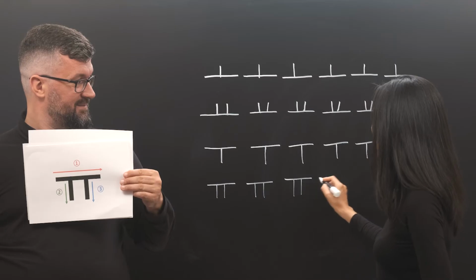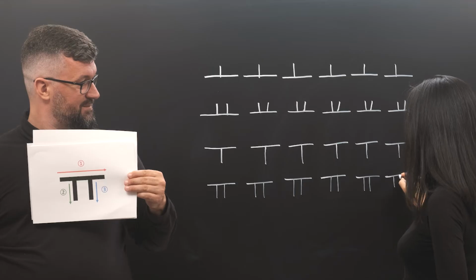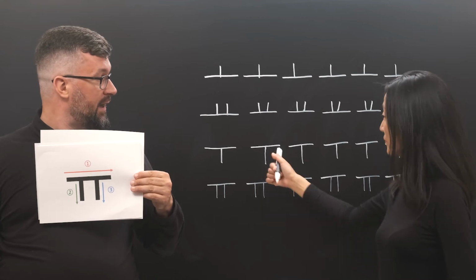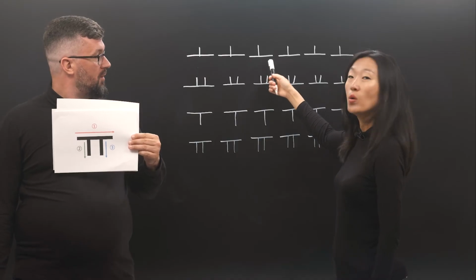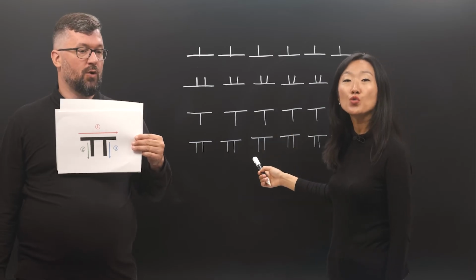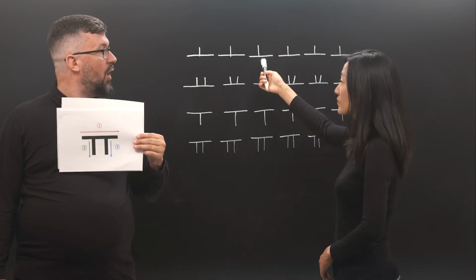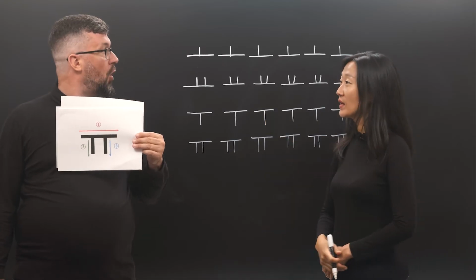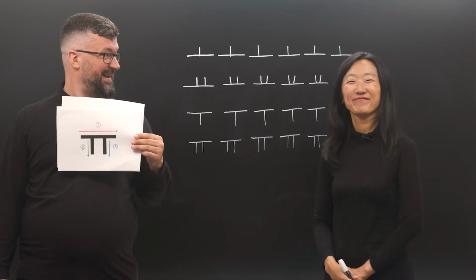You, you. Let's read it: u, u, yo, you. O, yo, u, you. Excellent. Perfect. Thank you.